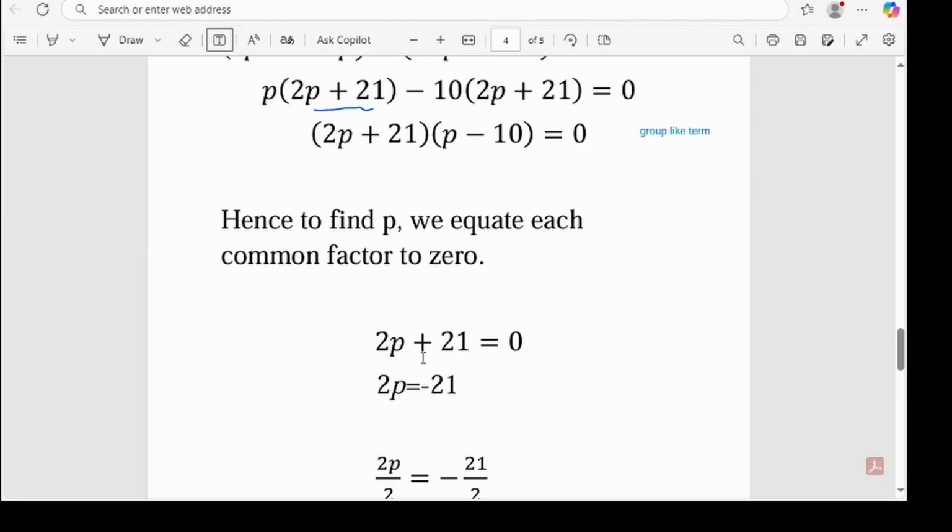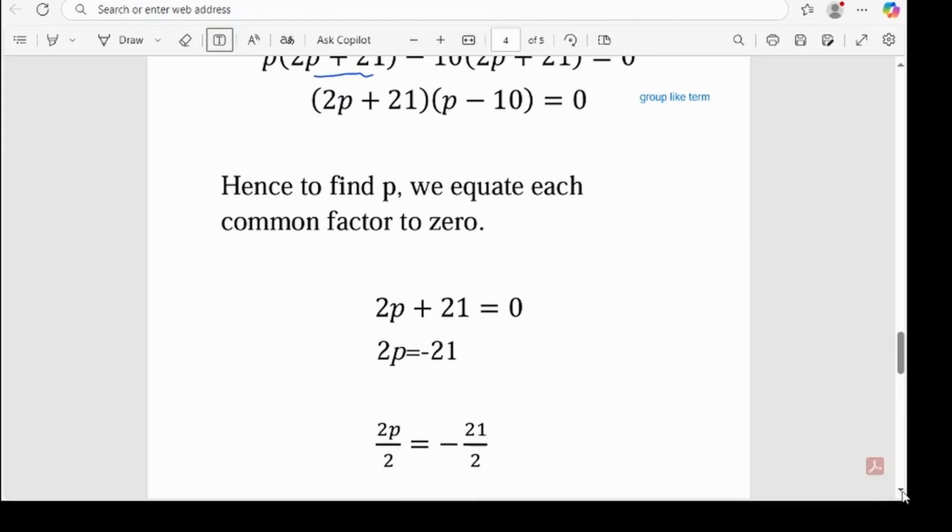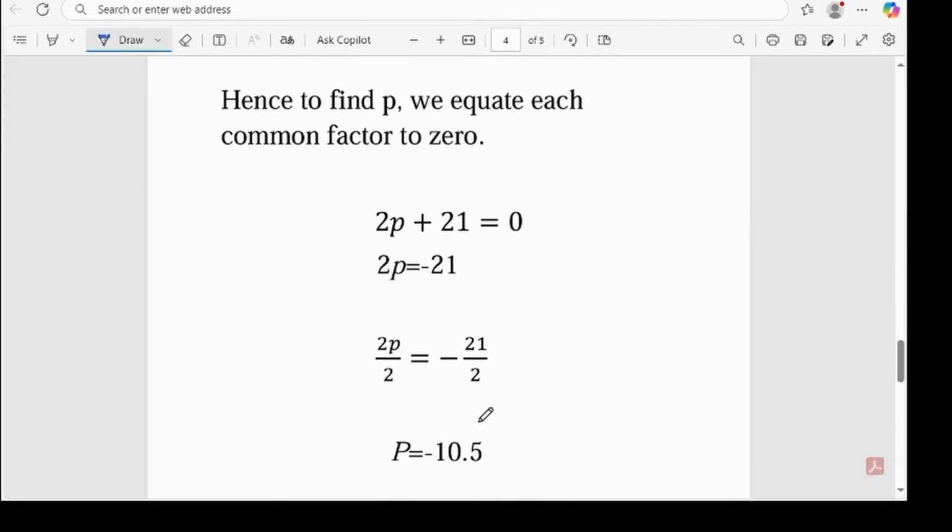And when 21 moves to the other side, it changes its form to become a negative number. So we get 2p equals negative 21. But 2p equals negative 21 doesn't make p stand on its own, okay? So we are going to cancel out the 2 from 2p for p to stand on its own.